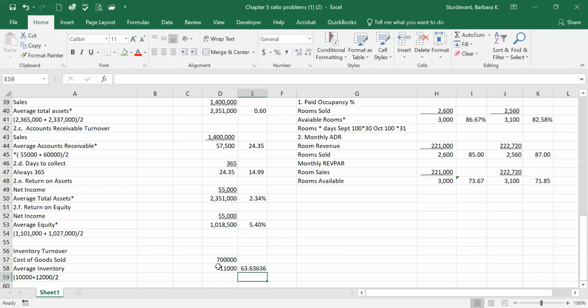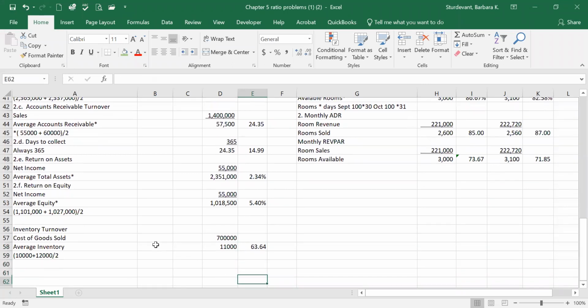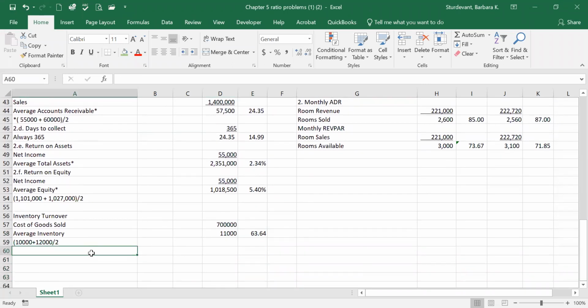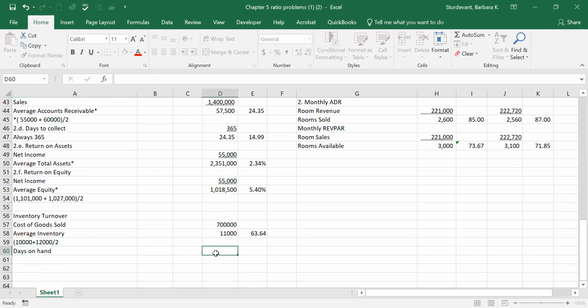Oh, wow. We really don't keep our inventory on hand. So to figure out days, I would simply take the 365 divided by it.